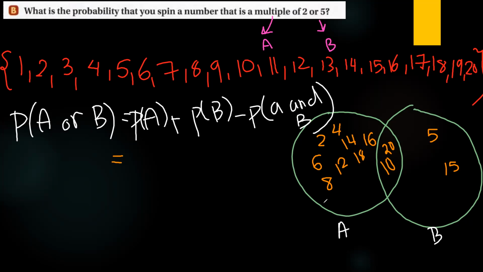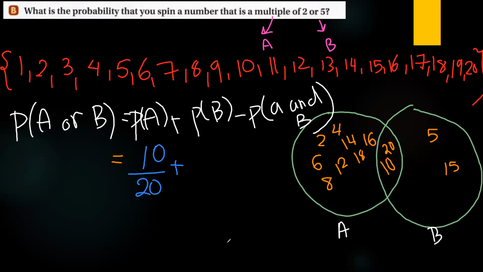Then, what is the probability of event A? How many numbers are in event A? Let's count them: 1, 2, 3, 4, 5, 6, 7, 8, 9, and 10. So 10 over 20.